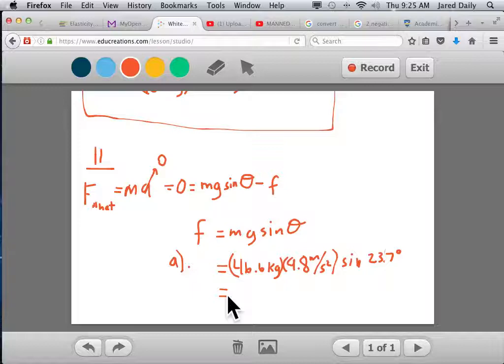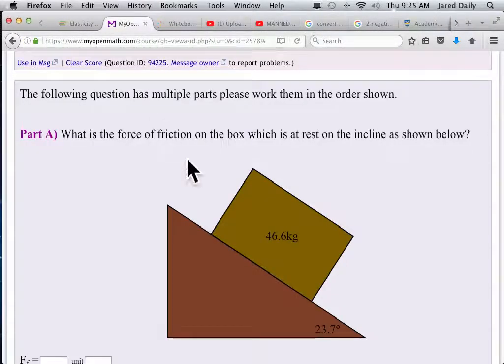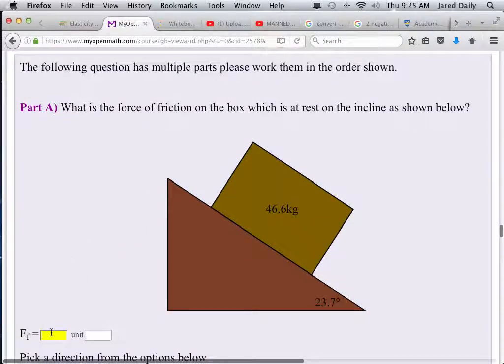To my calculator, my handy dandy, 183.56. 183.56. And that should be newtons. So we plug it in up here and we see if we're right. 183.56 newtons, right?